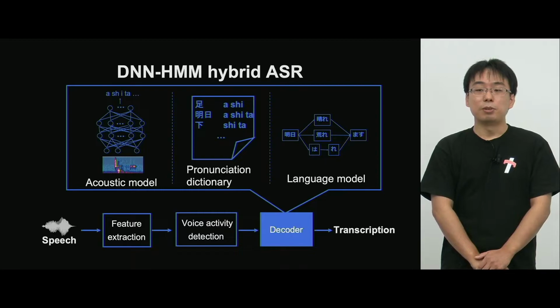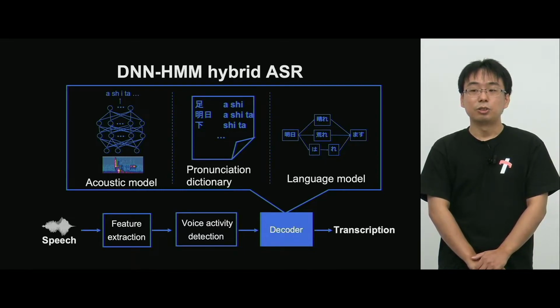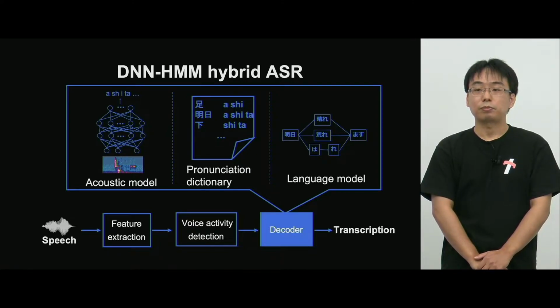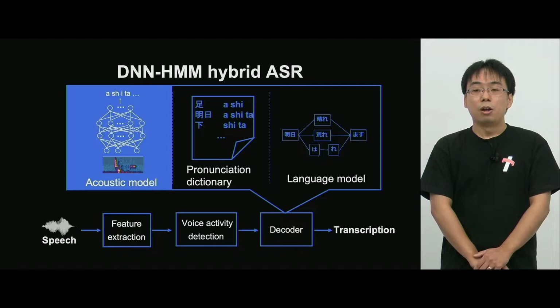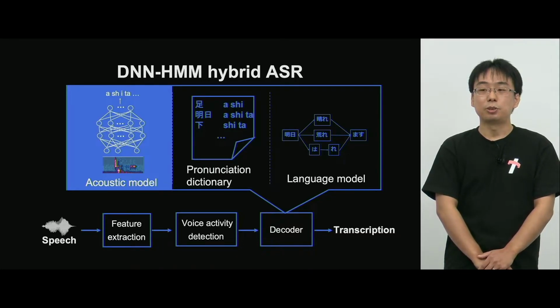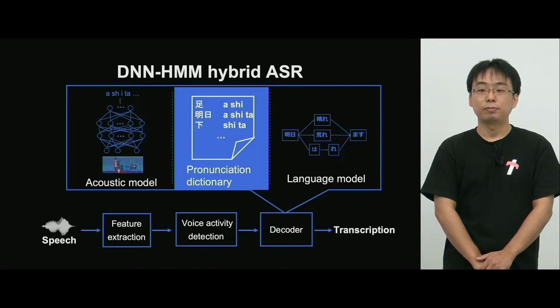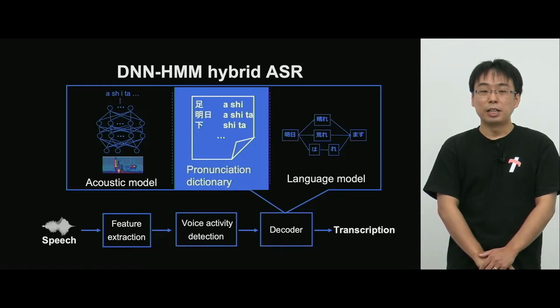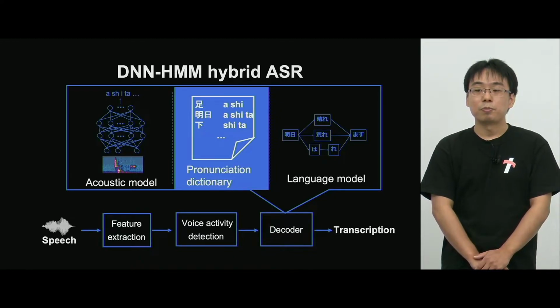To implement the decoder, three models are used to infer the text: the acoustic model, the pronunciation dictionary, and the language model. With the acoustic model, a sequence of phonemes is inferred, and the pronunciation dictionary maps the sequence of phonemes to a sequence of words.